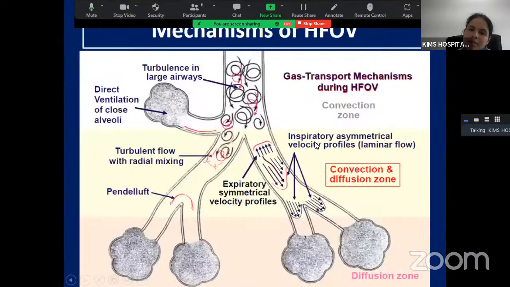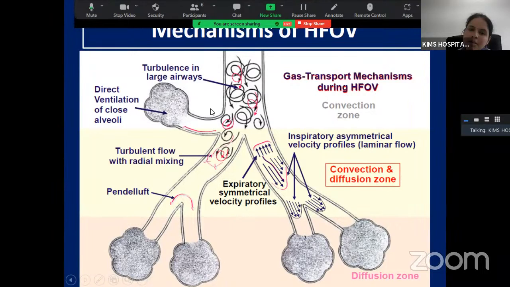Okay, so we'll now discuss the different mechanisms of high frequency oscillation ventilation. As you can see in the picture, while using HFOV, the tidal volumes used are lesser than the anatomical dead space, and we are operating at supraphysiological rates.